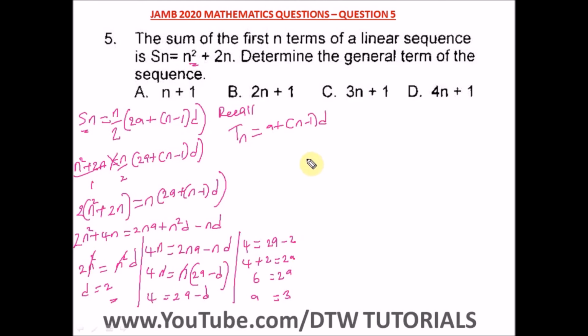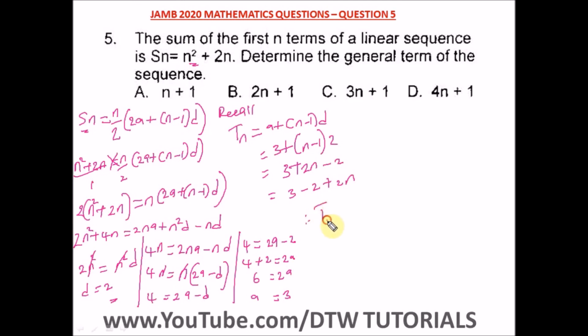We have to find the general term of the sequence. I know that a is 3 plus n minus 1. What's our d? 2. So open bracket, don't forget, this is 3 plus 2n minus 2, which equals 3 minus 2 plus 2n.